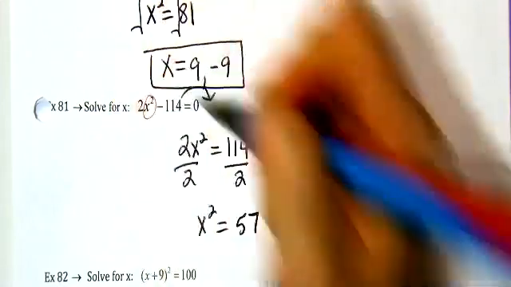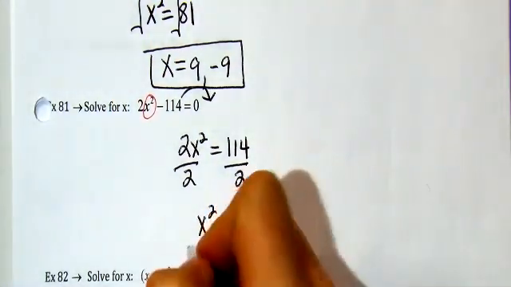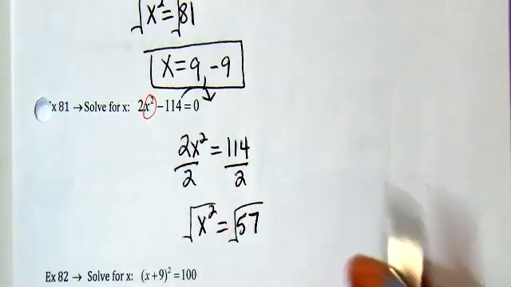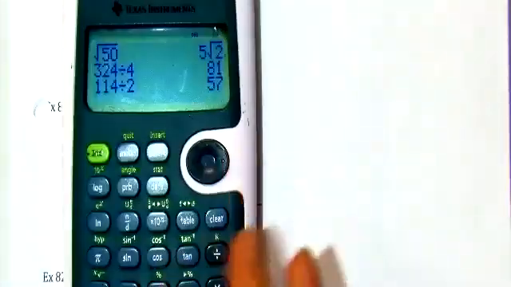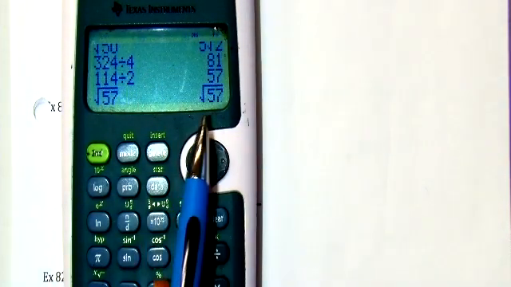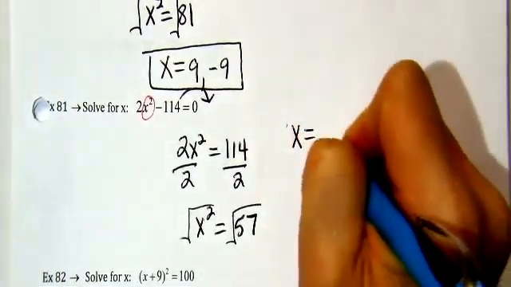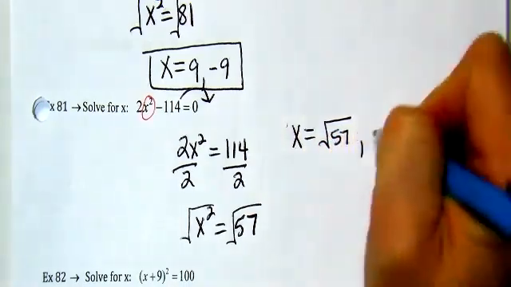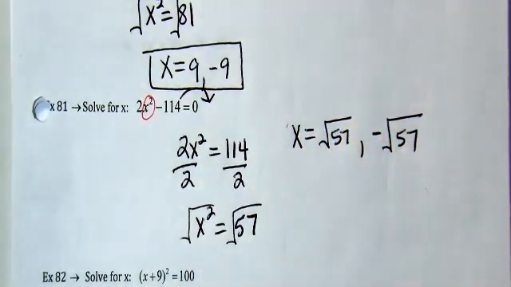You need to get this by itself first and move your terms around. Then you can say, well, I want to know what x equals, not x squared. So that is using the square root property. If you plug that into your calculator, you're going to notice that the square root of 57 does not simplify. So your answer would be saying x equals a positive square root of 57 and a negative. It needs to be out in front of the radical, 57.